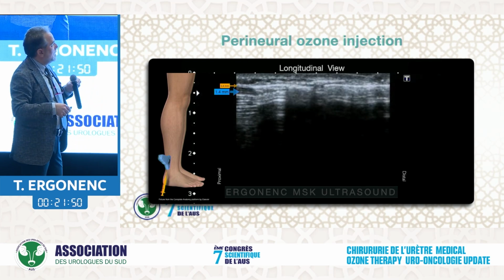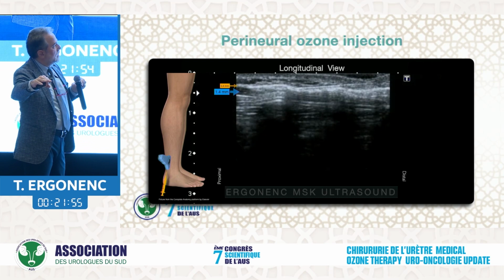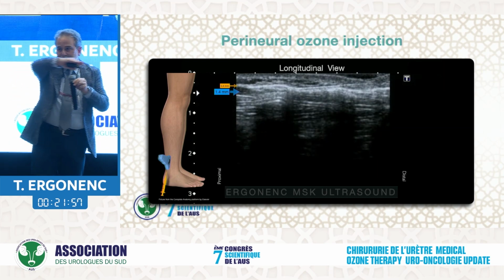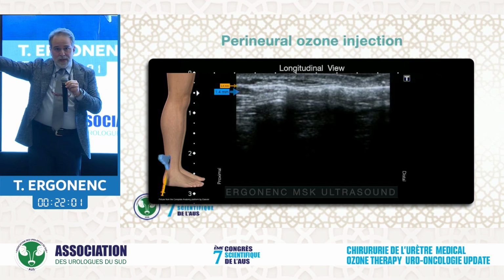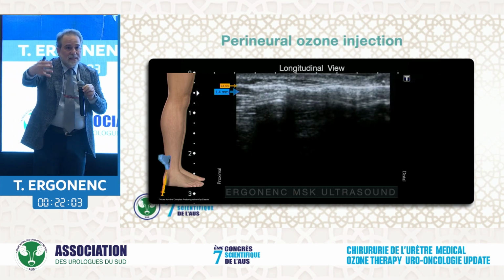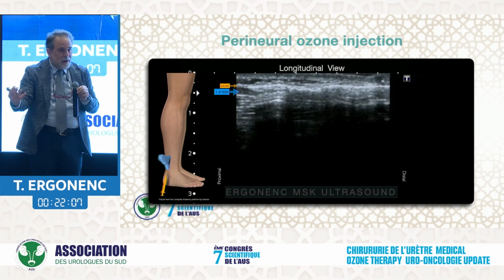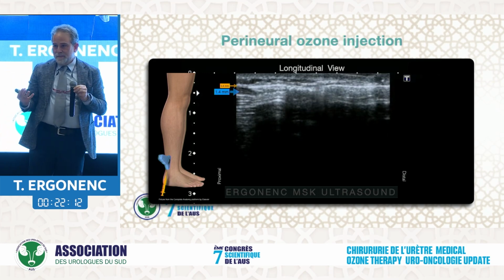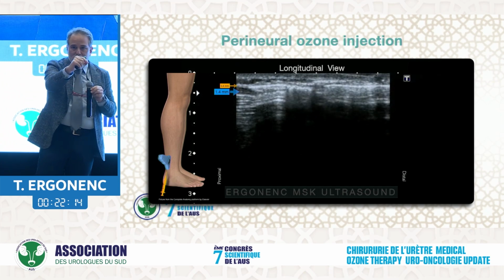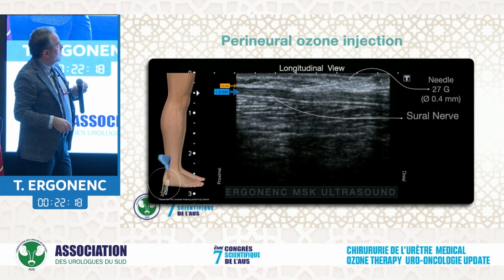Again. This is ozone hydrodissection. Do you see the ozone hydrodissect along the nerve, immediately spread, and in a second start the anti-inflammatory effect. It's very effective and there is no side effect. You just need to put your needle in the right place. Again.